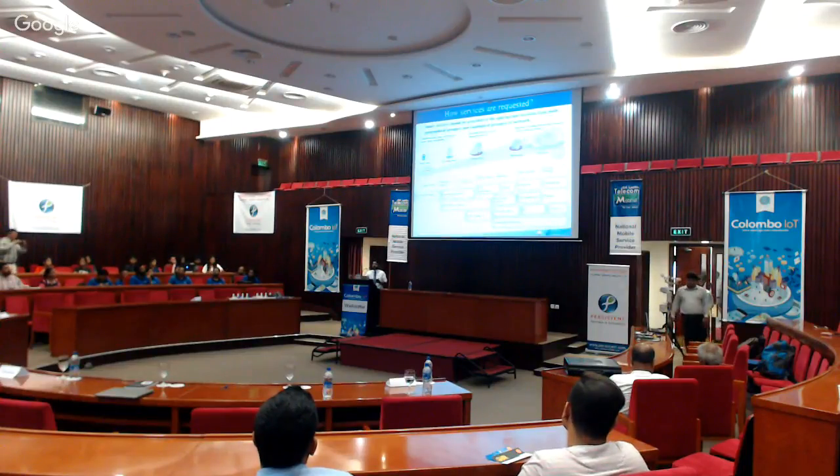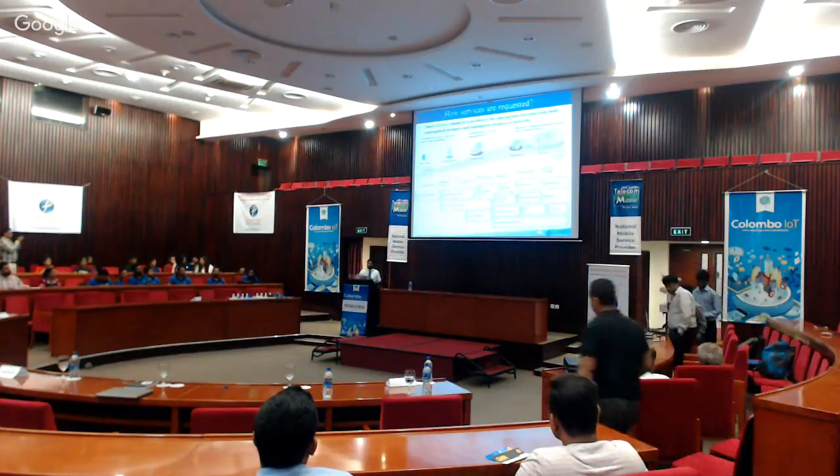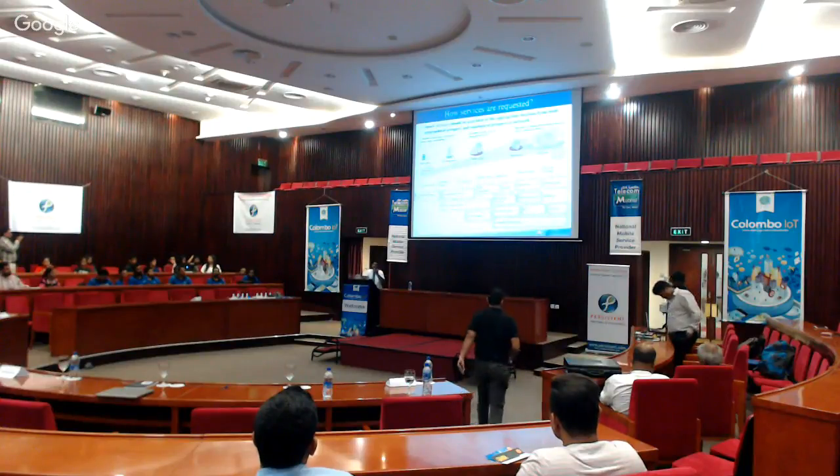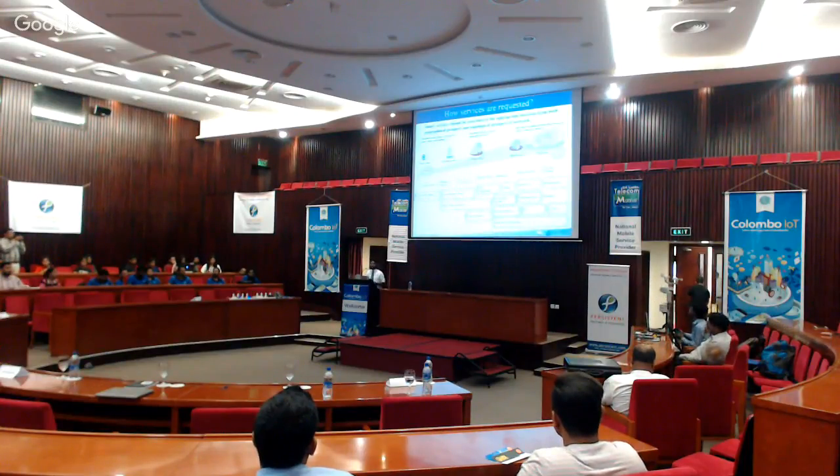The services have to be different, and the services have to be smart. So the main target of our project is to develop a collaborative platform, from the device area to the city area, to negotiate among themselves and provide services.